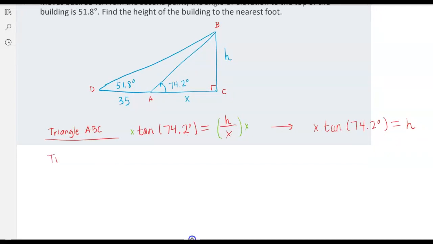Let's look at the second triangle, triangle DBC. That's the triangle that was created when she stepped backwards.